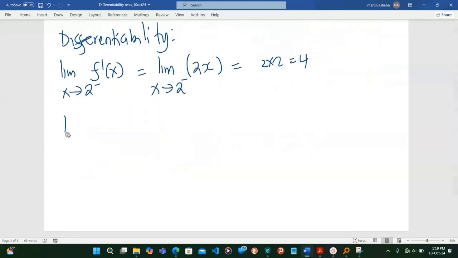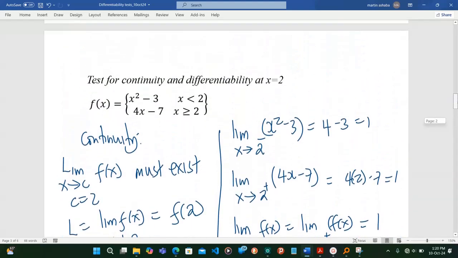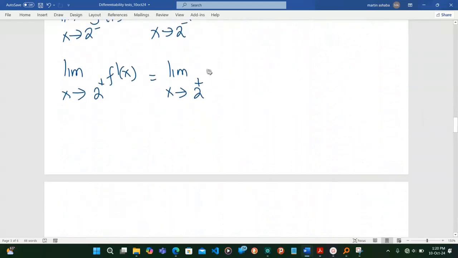Let's also look at the limit as x tends to 2 from the right of the first derivative of f of x. What's the right hand side of f of x? We have there 4x minus 7. If we differentiate that, we will get 4. So this is equal to 4.